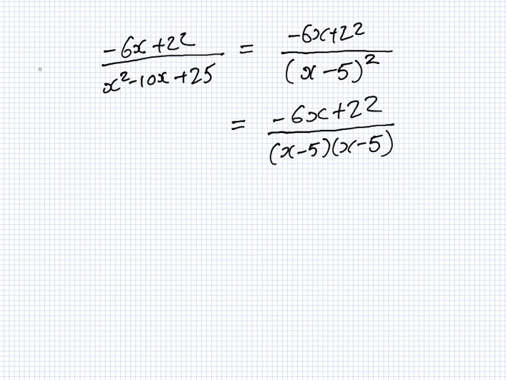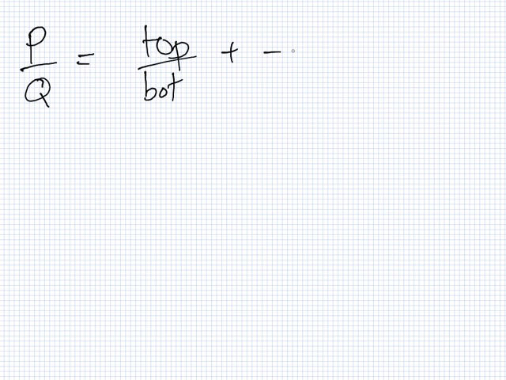So just before we deal with it, some basic ground rules. If you have a rational function and you're writing it as top over bottom, plus another top over bottom, plus another top over bottom, you get the idea.